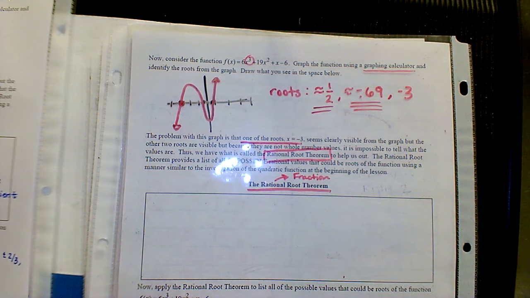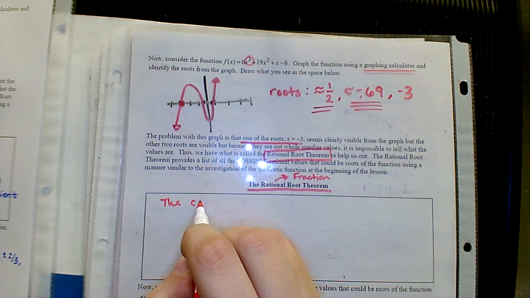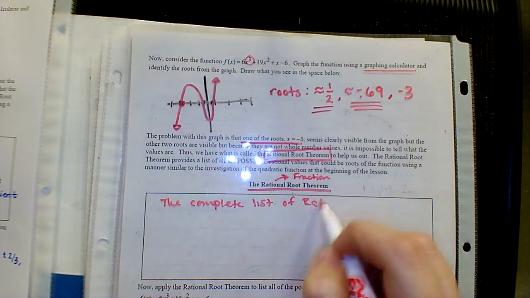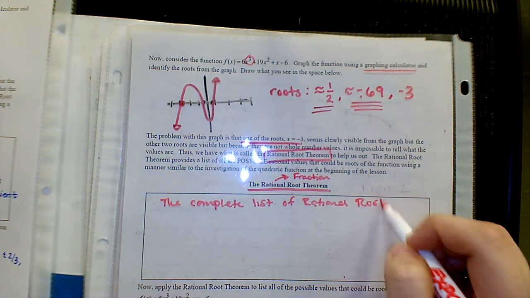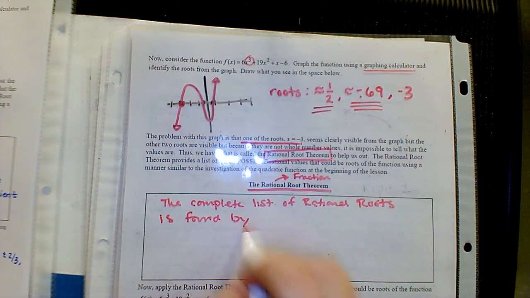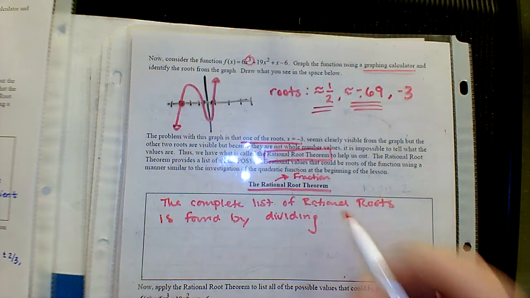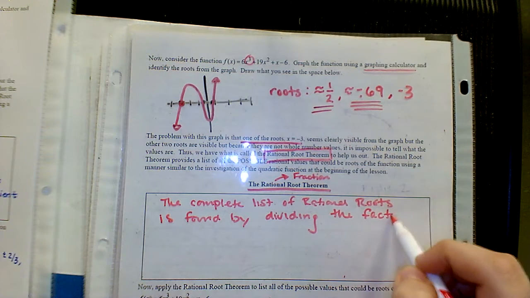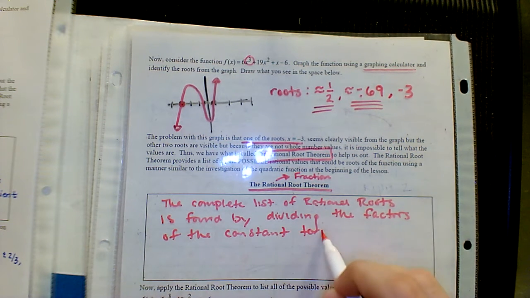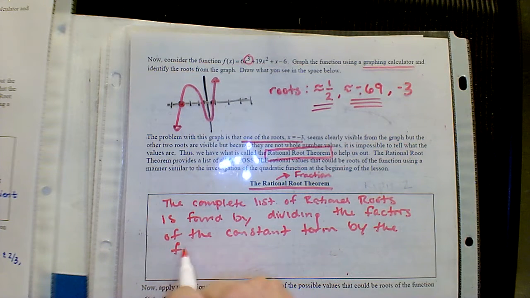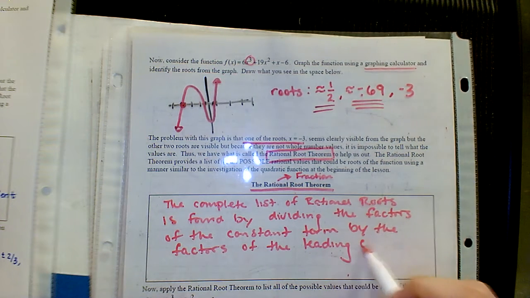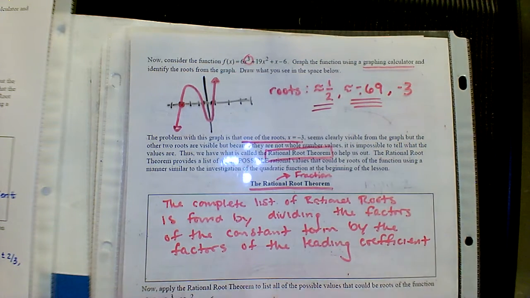So the rational root theorem tells us, by definition, that the complete list of rational roots is found by dividing the factors of the constant term by the factors of the leading coefficient term.